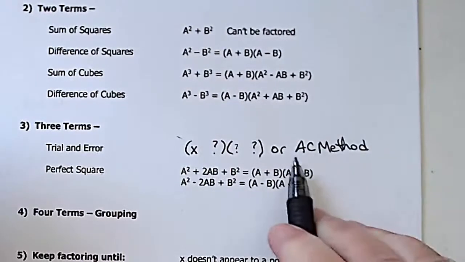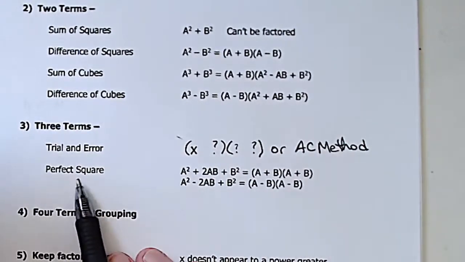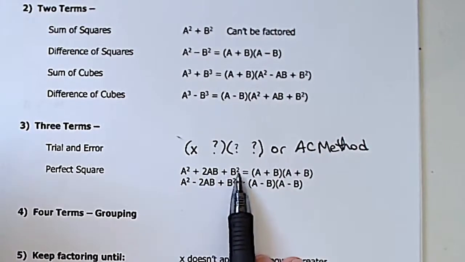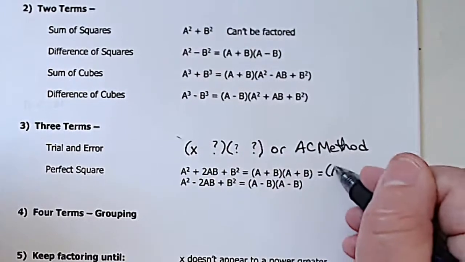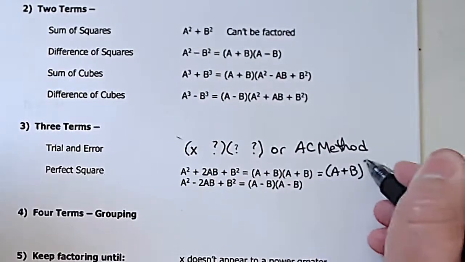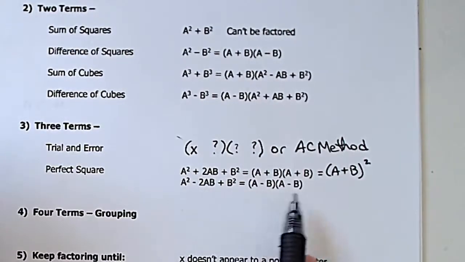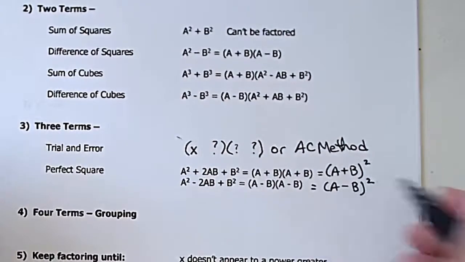That's when you multiply A times C and then look at B, and the formula was back in that section. Or you've got a perfect square. If you've got a squared plus 2ab plus b squared, that's a plus b, the quantity squared. And if you've got a squared minus 2ab plus b squared, you've got the quantity a minus b squared.